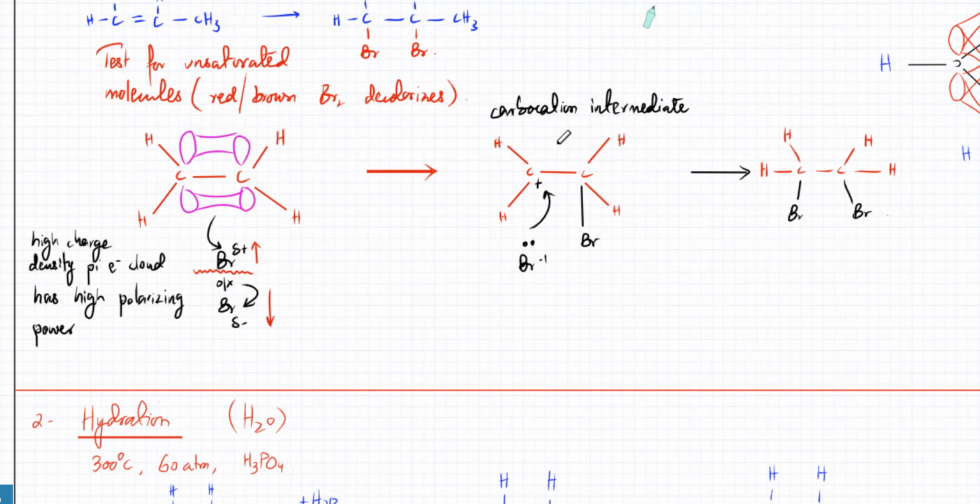So the pi electron cloud goes missing because this bromine took it and attracted the whole pi electron cloud. The carbocation was formed because this carbon loses the pi electron cloud, and the Br- then comes and joins with it. So that was the mechanism of electrophilic addition for alkenes.